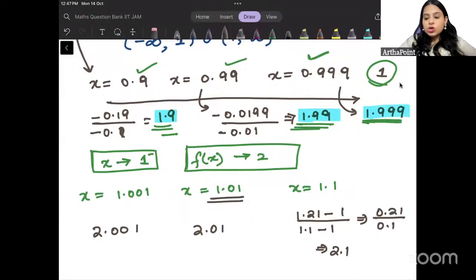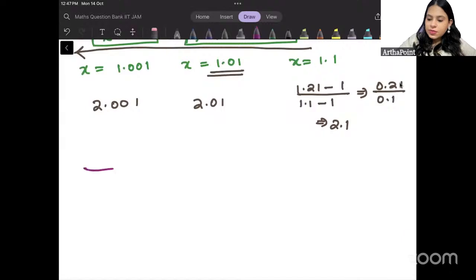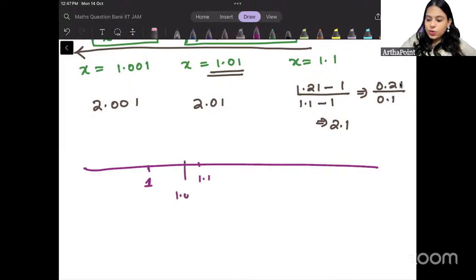So you will get 2.001. As you are going closer towards 1 from the right hand side, if I draw the number line, I have 1 here. I have 1.1 here. This is a little less, 1.01. This is even closer to 1, 1.001.